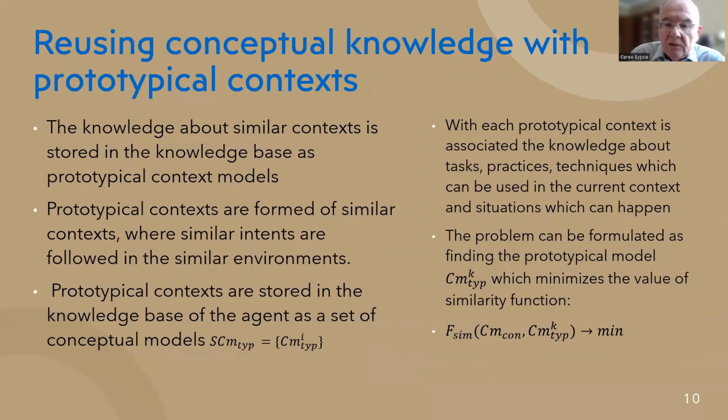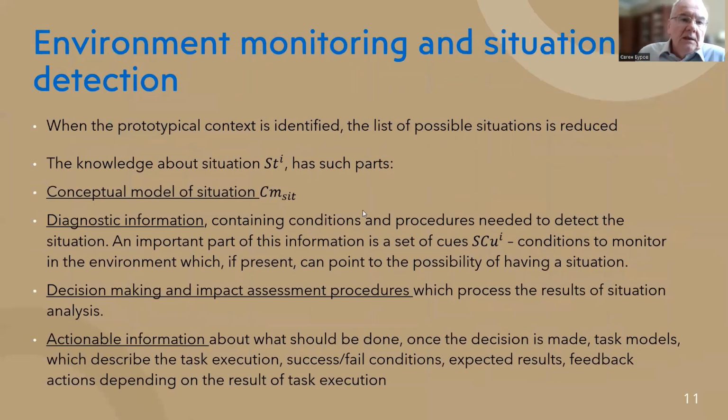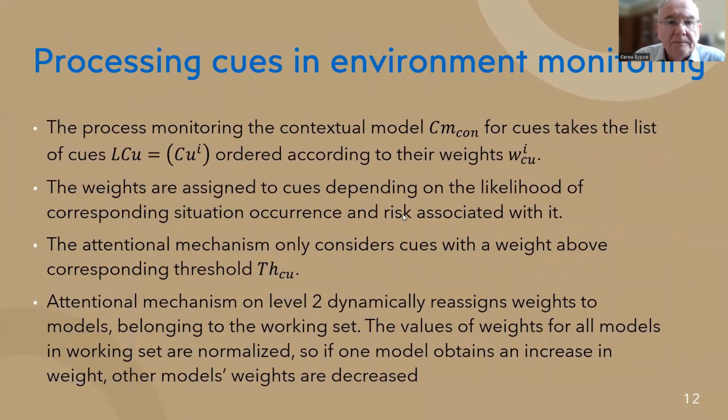When something changes in our environment, we can find the most similar prototypical context and thus reduce the number of situations monitored. For each found situation, the knowledge about the situation has the following parts: the conceptual model of the situation, diagnostic information, including cues allowing us to quickly detect the situation, the decision-making assessment procedure, and also actionable information.